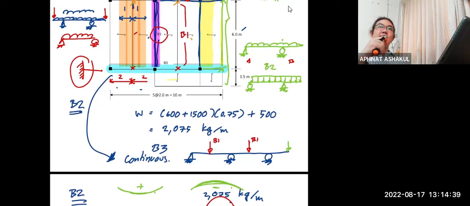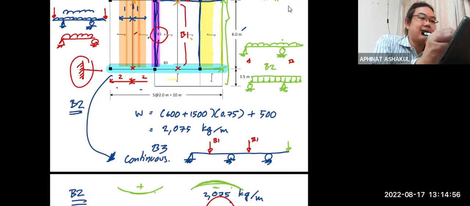What else we have? Now, see, again, this is not about being difficult or anything. It's about being thorough, being careful, check all the loads. You look at B3 yourself, you will see that, hey, actually, this is a tiny part of the floor, right? That half of it is carried by B2.